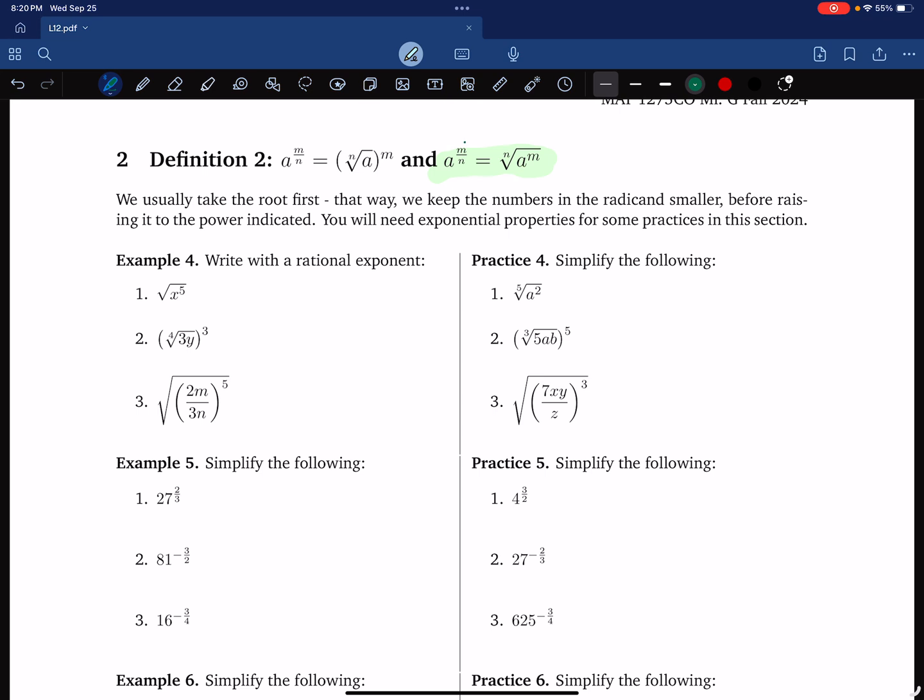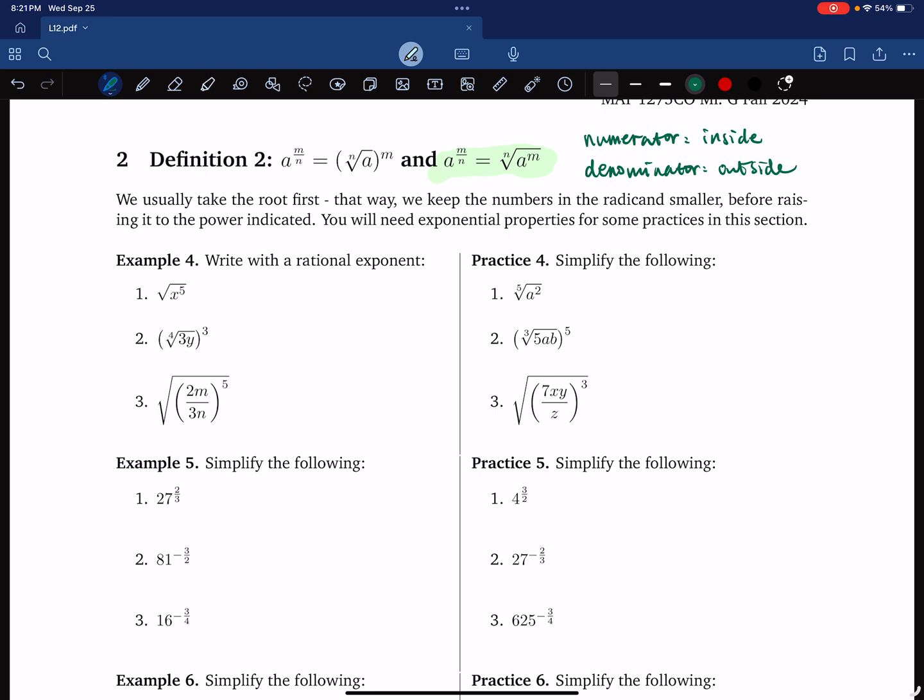The numerator goes inside, and then the denominator goes outside. So that's basically what we have.